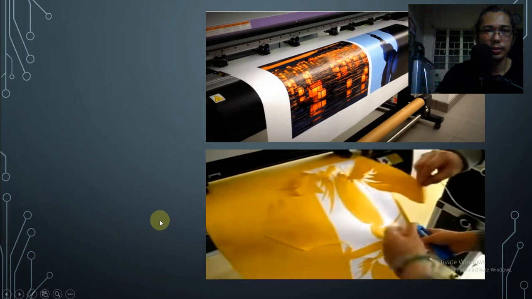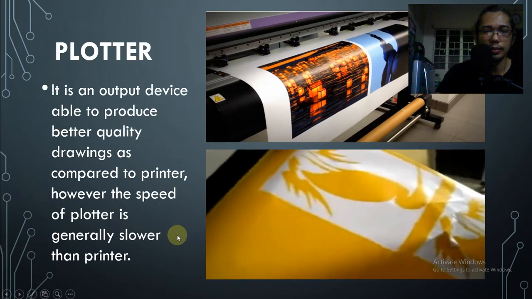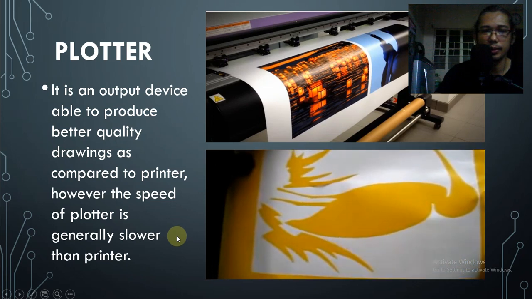Okay. So, the plotter is an output device able to produce better quality drawings as compared to a printer. However, the speed of the plotter is generally slower than the printer. Kaya siya mas mabagal sa printer is because of the high quality of colors that it can produce, not like the printer, no?